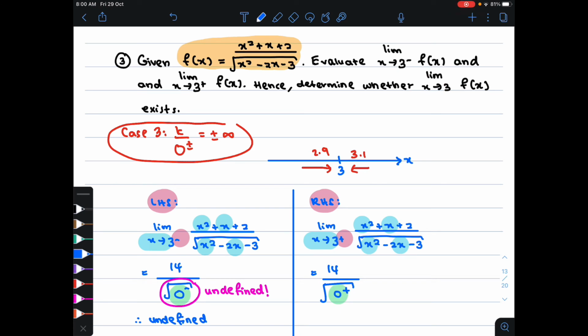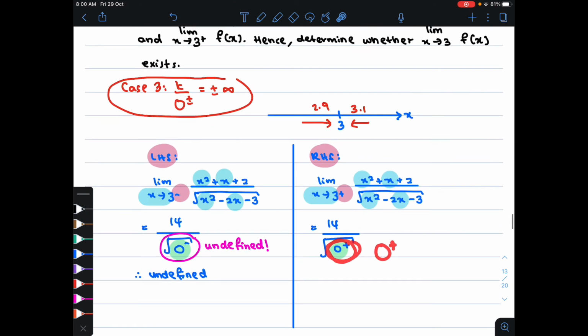That means that it is a 0 plus. So note that 0 plus is a very small positive value. So when you square root a very small value, it is going to become a very small value as well. So this is just 0 plus.